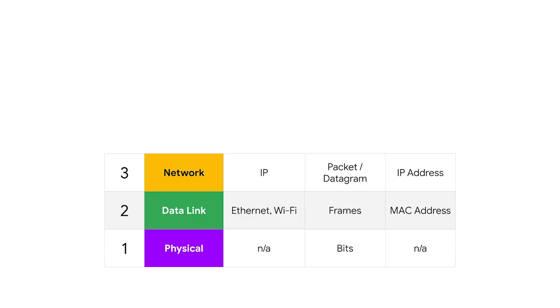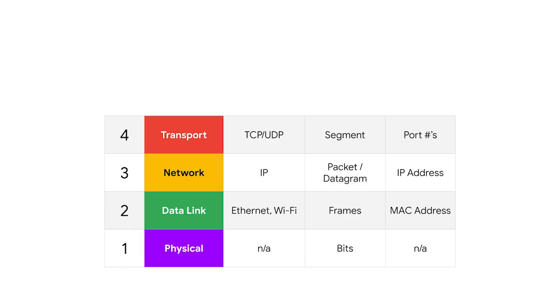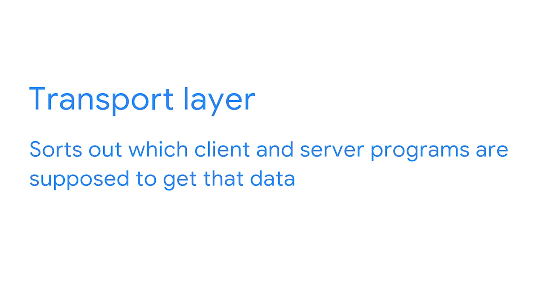And your email and web server might both run on the same server. Even so, emails end up in your email application and web pages end up in your web browser. That's because of our next layer, the transport layer. While the network layer delivers data between two individual nodes, the transport layer sorts out which client and server programs are supposed to get that data.